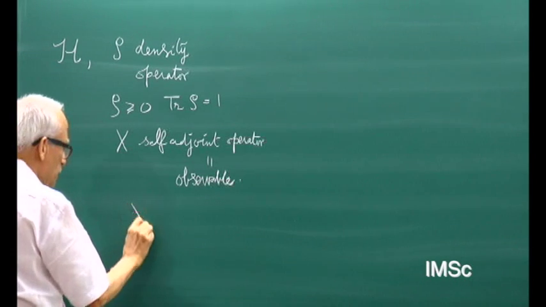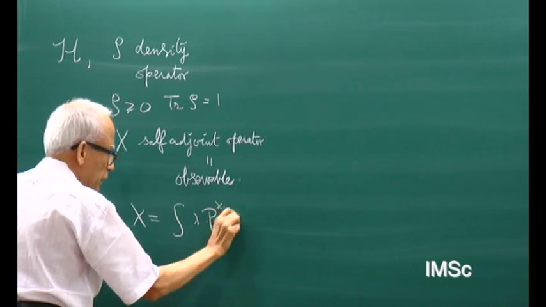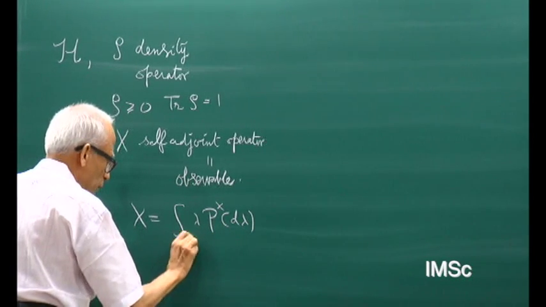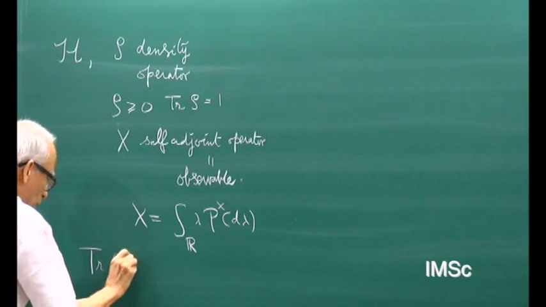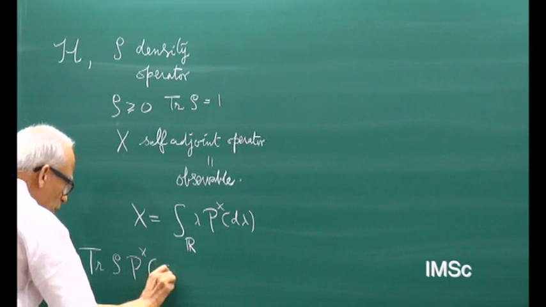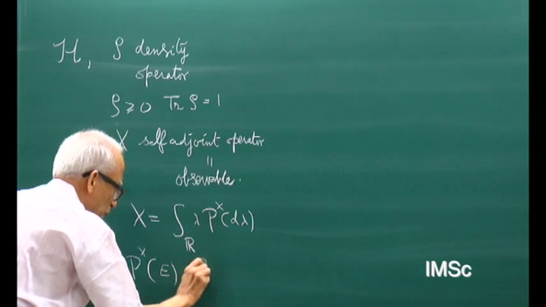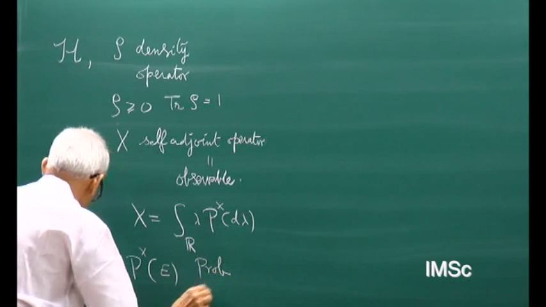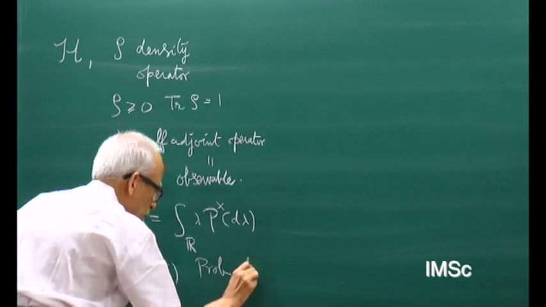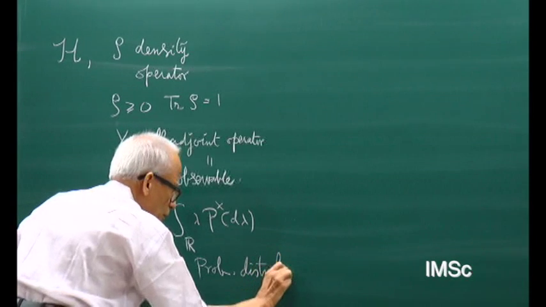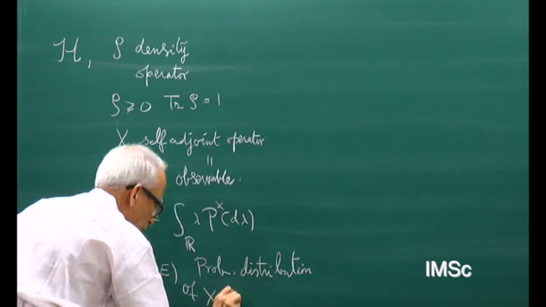If X has a spectral resolution, X equals the integral of lambda P_X(d lambda) over the real line, then trace rho P_X(E), where E is a Borel set, is a probability measure, not in Rn but in R. This is the probability distribution of X in the state rho.